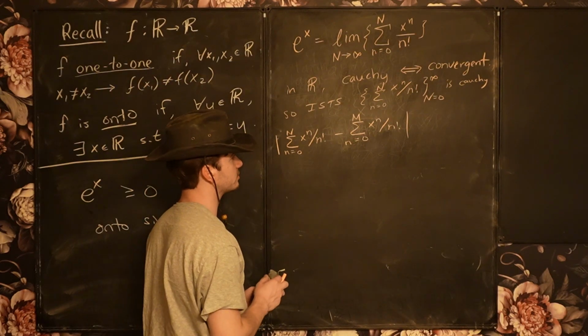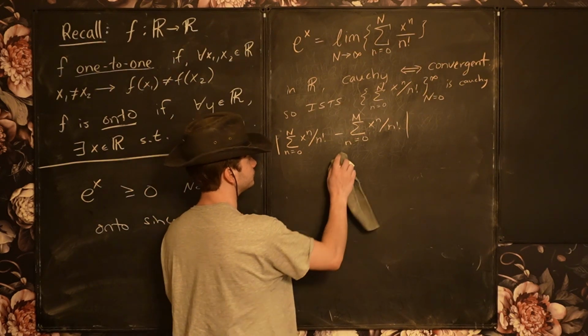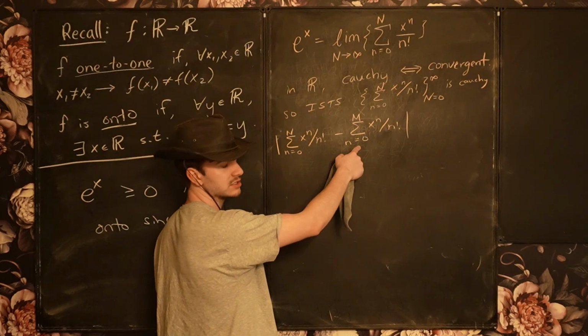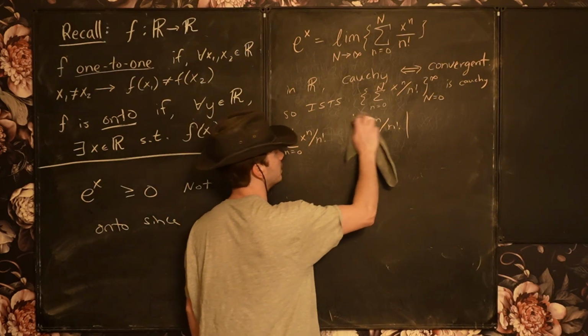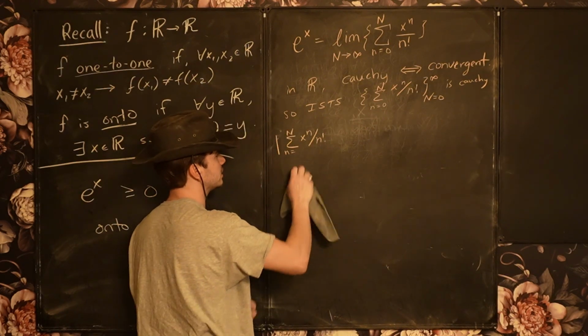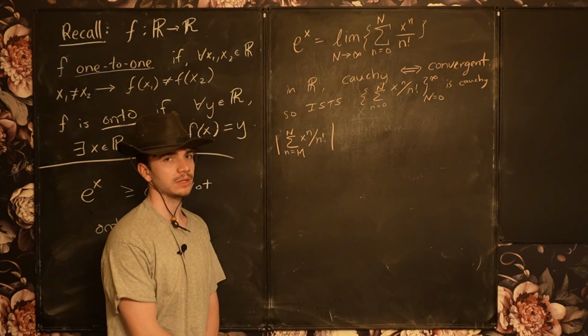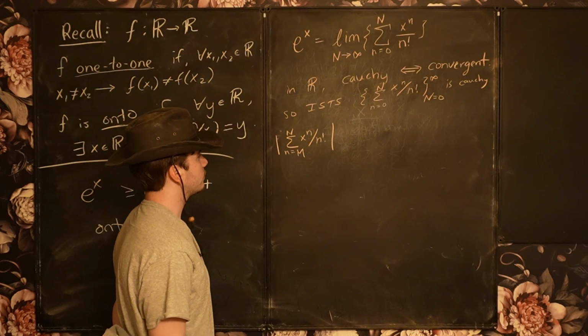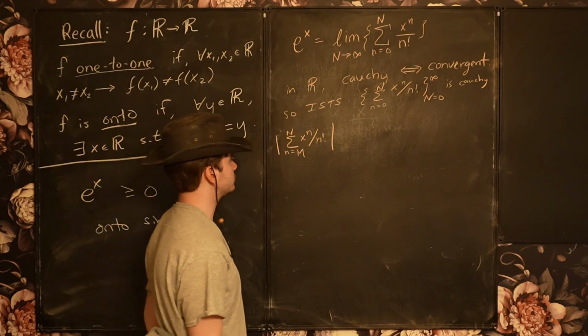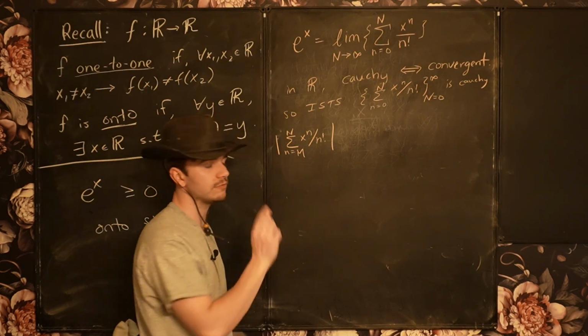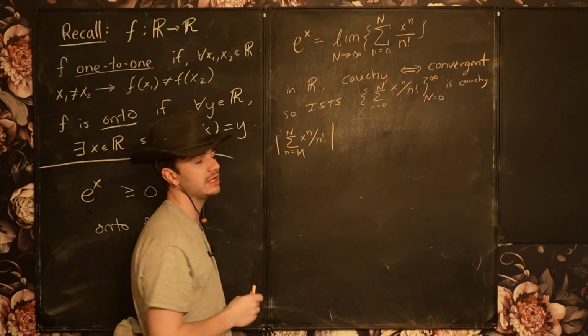Let's evaluate this expression. I can assume without loss of generality that N is bigger than M, and then do the subtraction, which gives a sum that starts at capital M and ends at capital N. We need to show that this goes to 0 for large values of M, independent of the choice of capital N.